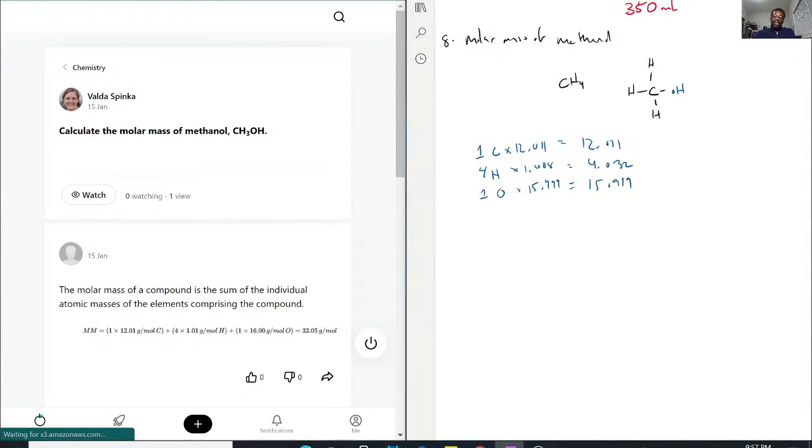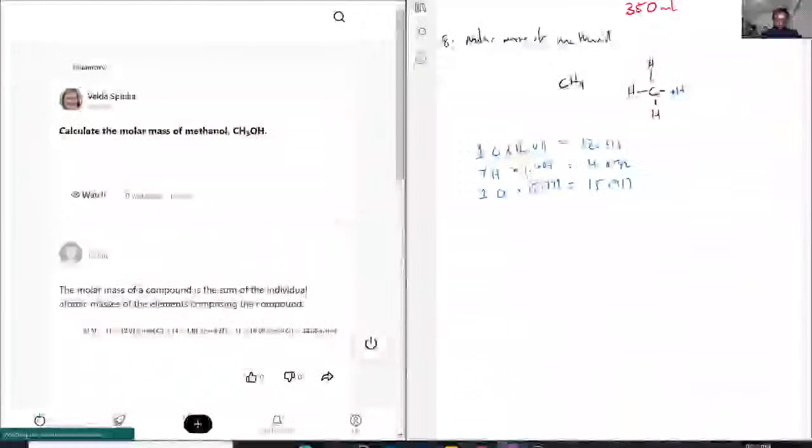So, let's go ahead and add these all up and see what we get. We have 12.011 plus 4.032 plus 15.999. Okay? I feel like we're missing something here. Because CH3OH. 4.032.